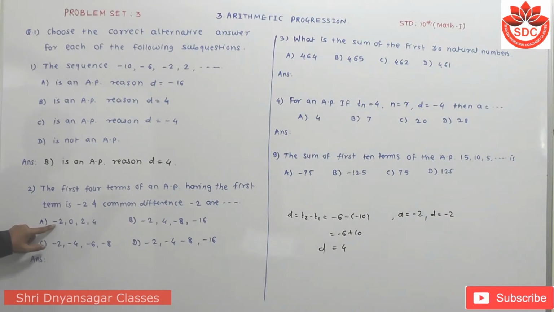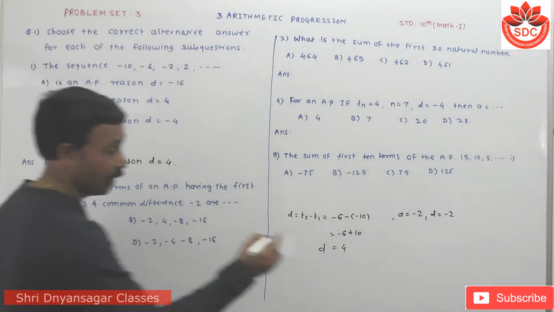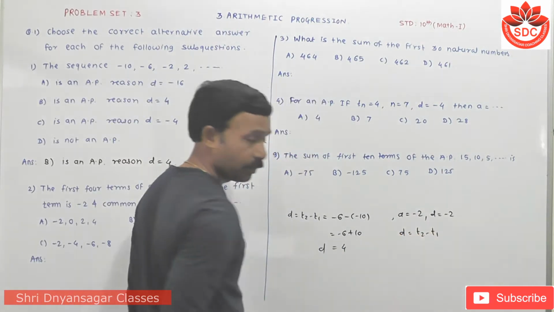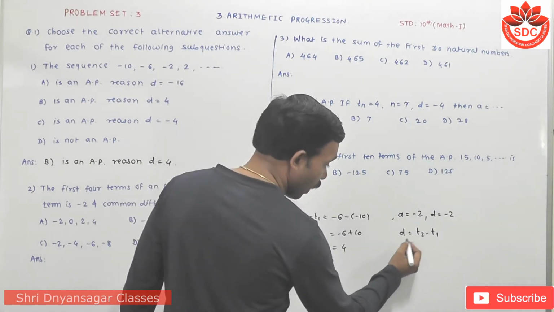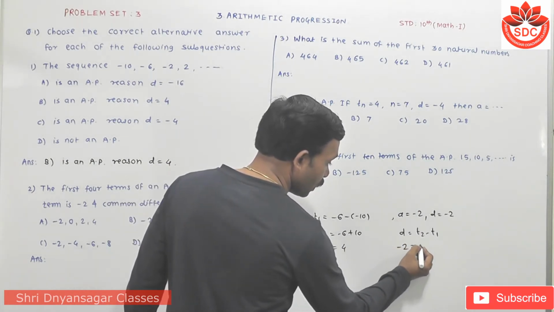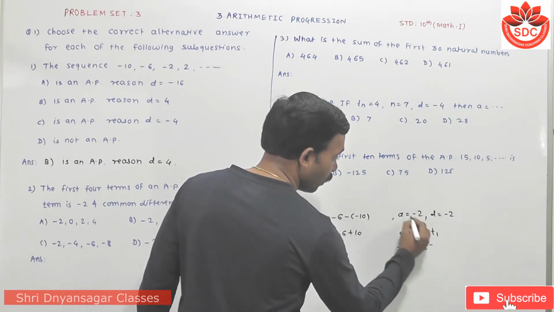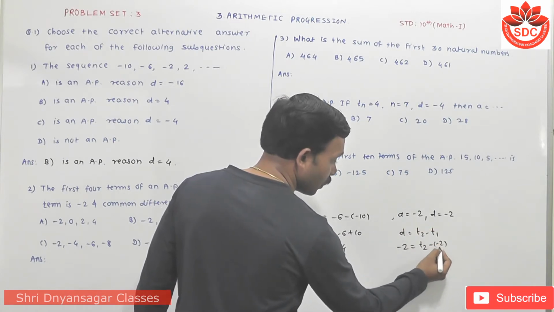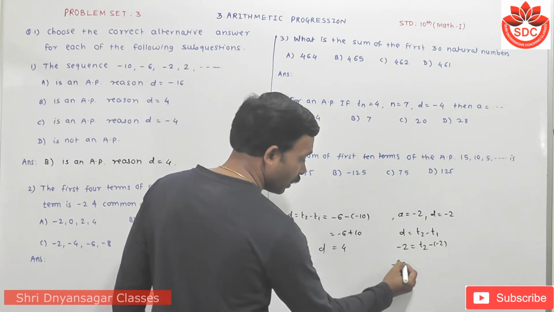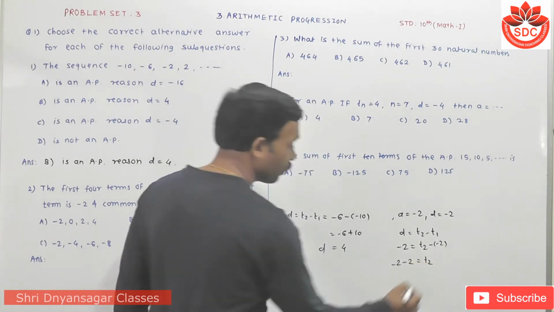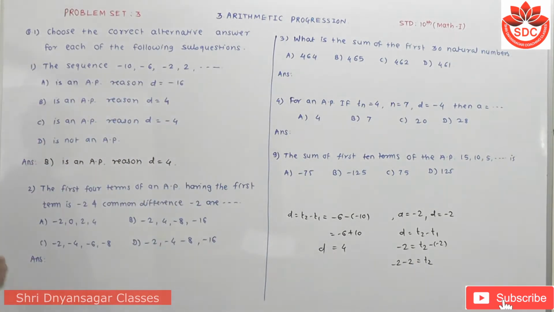D is T2 minus T1. When we substitute this value, D is -2, so -2 is equal to T2 minus T1, which is -2, so it becomes plus 2. When we transpose, this +2 converts to -2 is equal to T2, which means -4 is the second term.